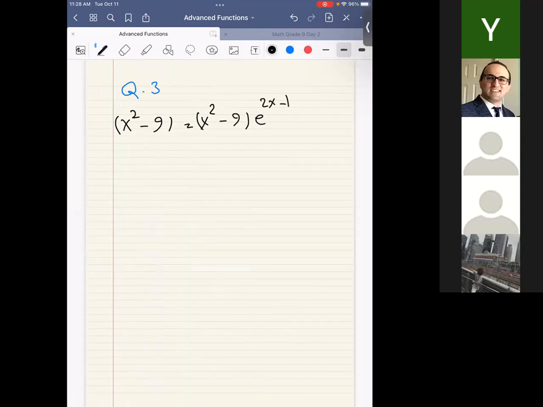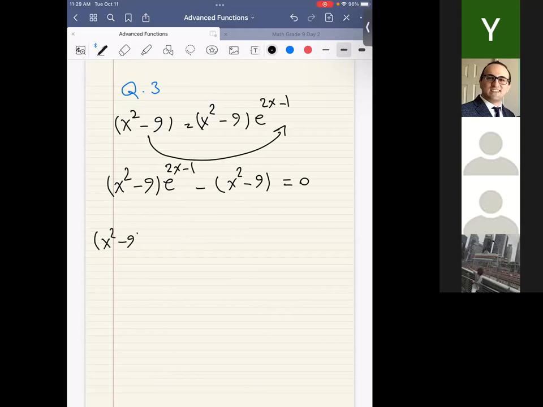So what you can do is bring this to the right hand side and say x squared minus 9 times e to the power 2x minus 1 minus x squared minus 9 is equal to 0. Clear? So you can factor out x squared minus 9.